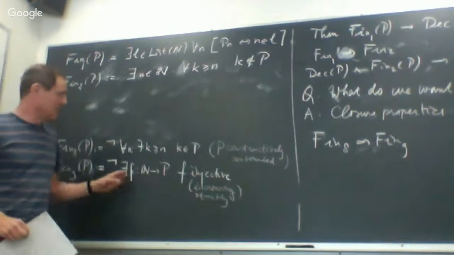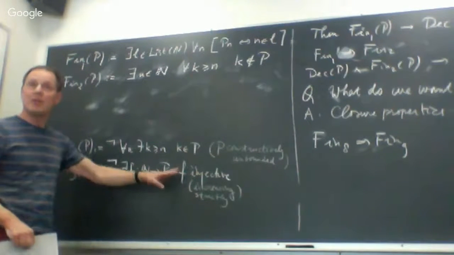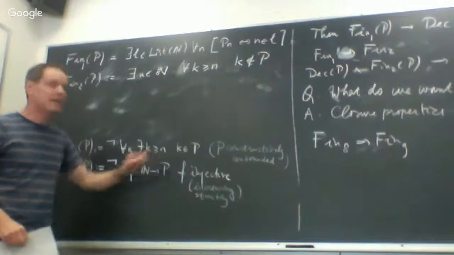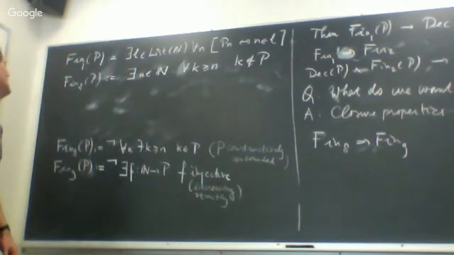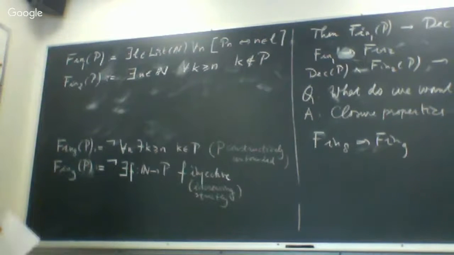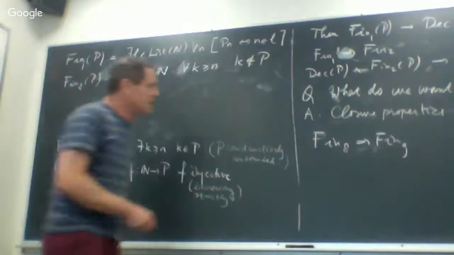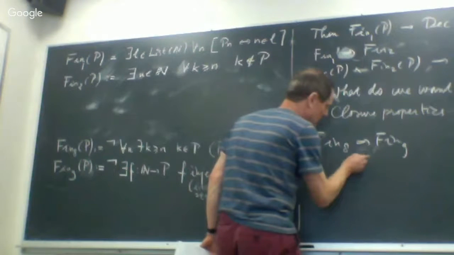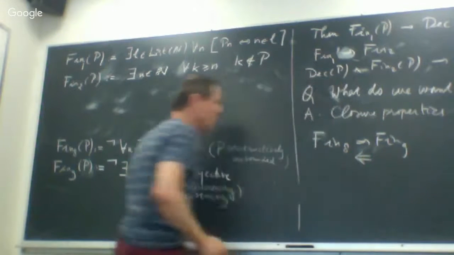Since if we have an injection, then we can get this. So if this is not true, then such an injection cannot exist. And in this direction, we have to.